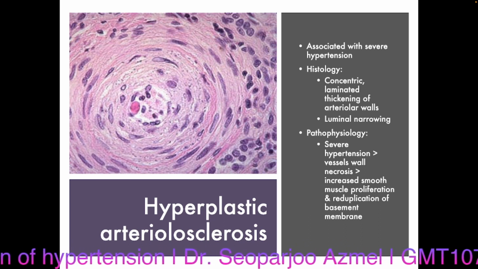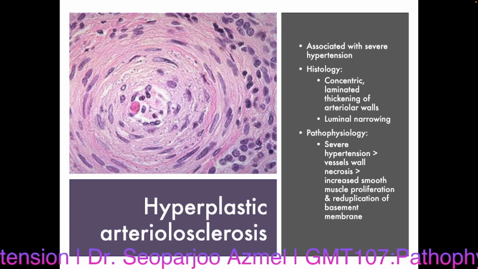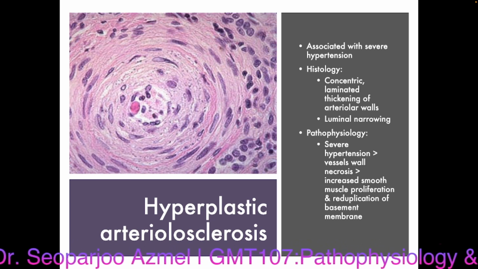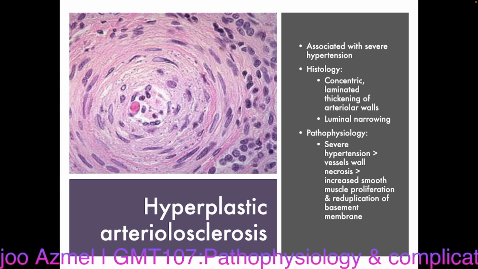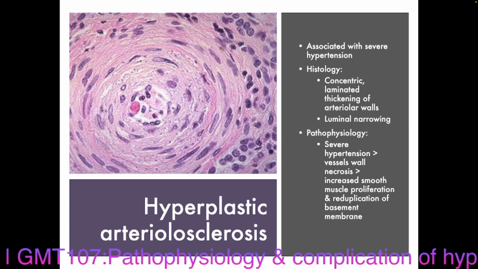Pathophysiologically, how does this happen? When there's severe hypertension, there will be damage to the endothelial lining. This damage will cause a part of the vessel's wall to become necrosed.